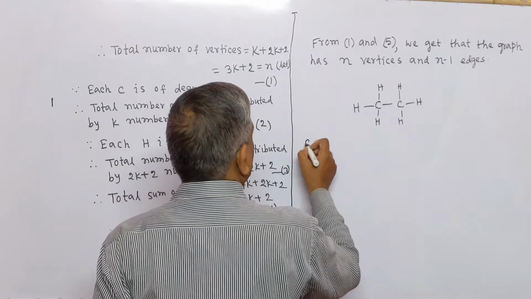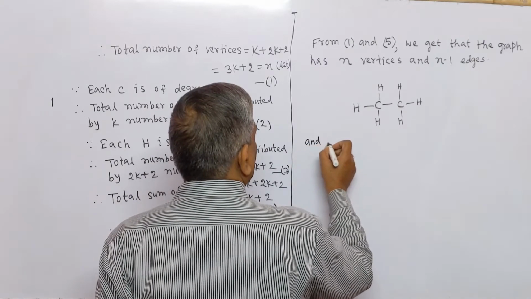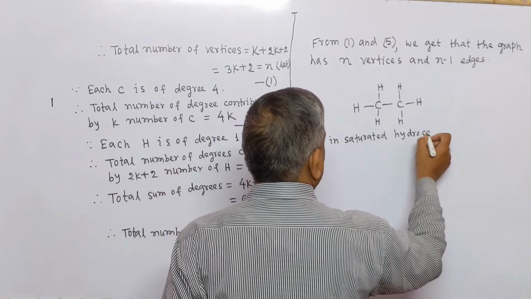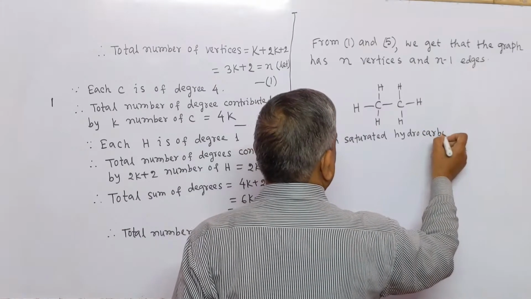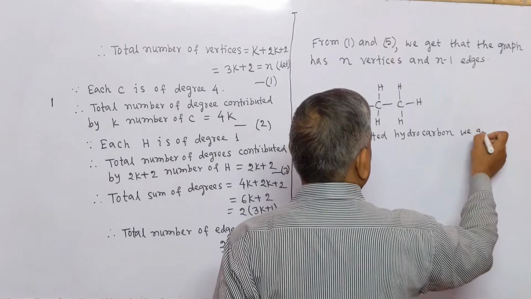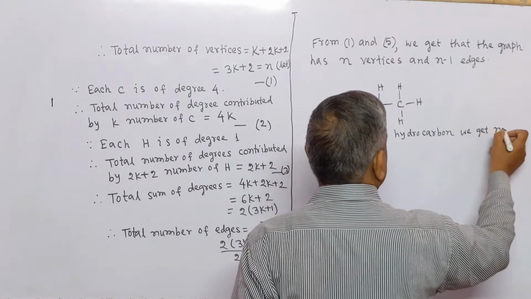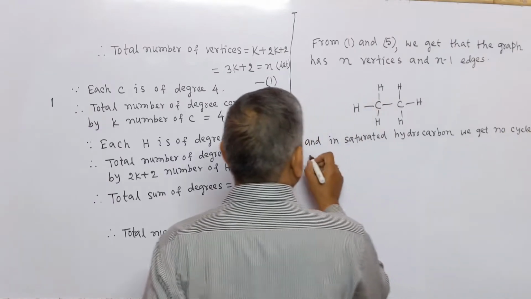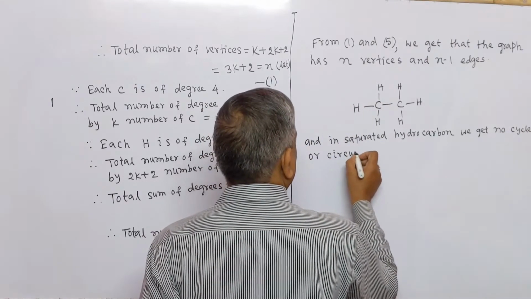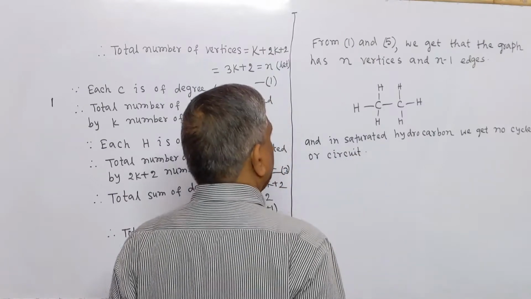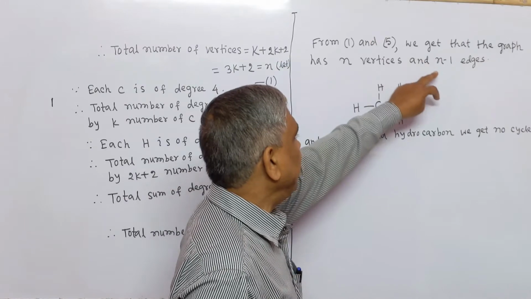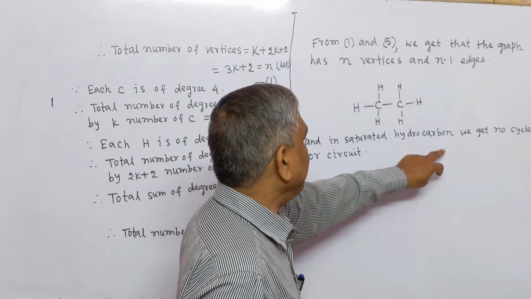And in saturated hydrocarbon we get no cycle or circuit. Therefore, the graph has n vertices, n minus 1 edges and no circuit.